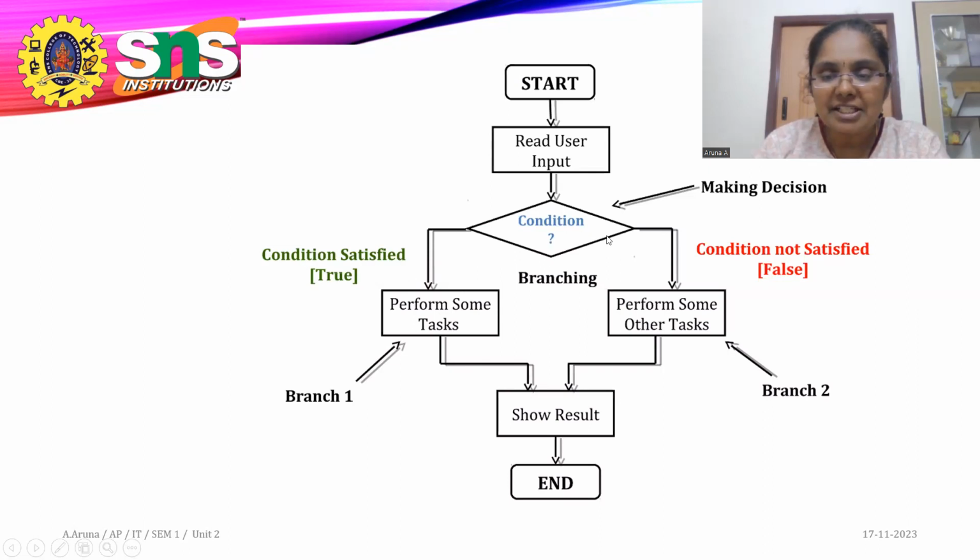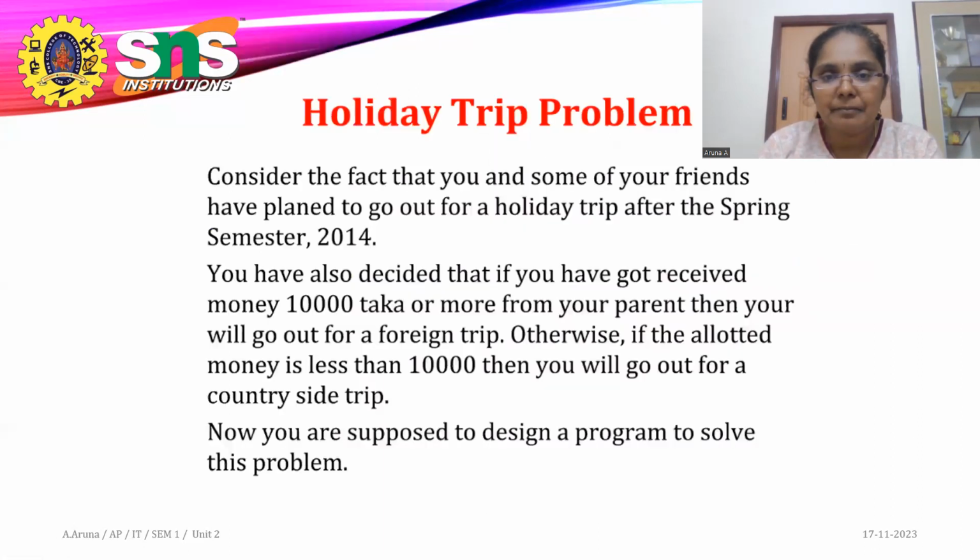If the condition is not satisfied, it prints that particular statement and also prints the result. After completing this branching statement, it comes to the end. So this is the simple flowchart of how a decision can be taken.